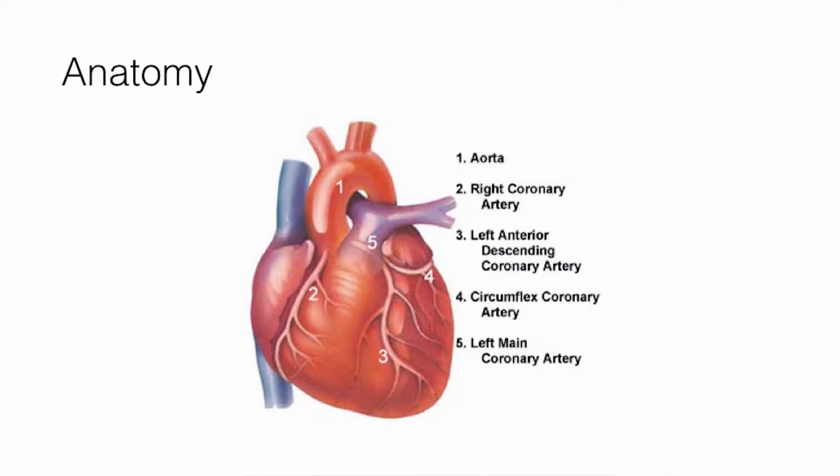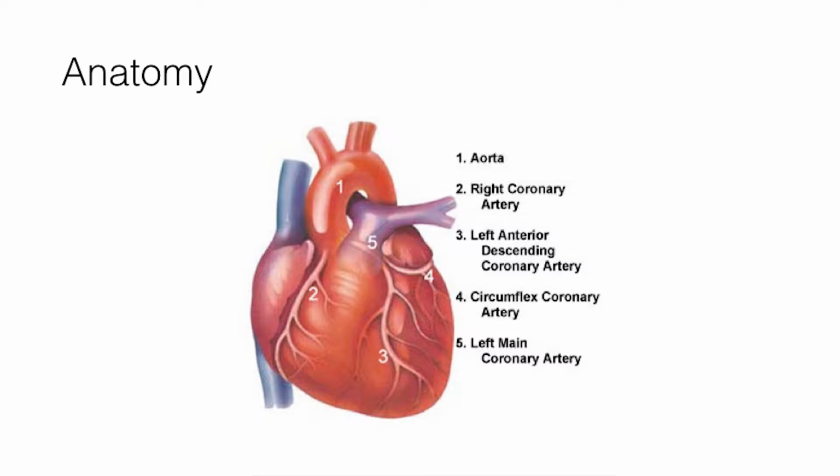So if we look at the coronary artery circulation or the heart's blood supply, the heart is supplied by the two arteries that come off the aorta, the very first branches that come off from the aorta once it's left the left ventricle, the right and the left coronary artery.